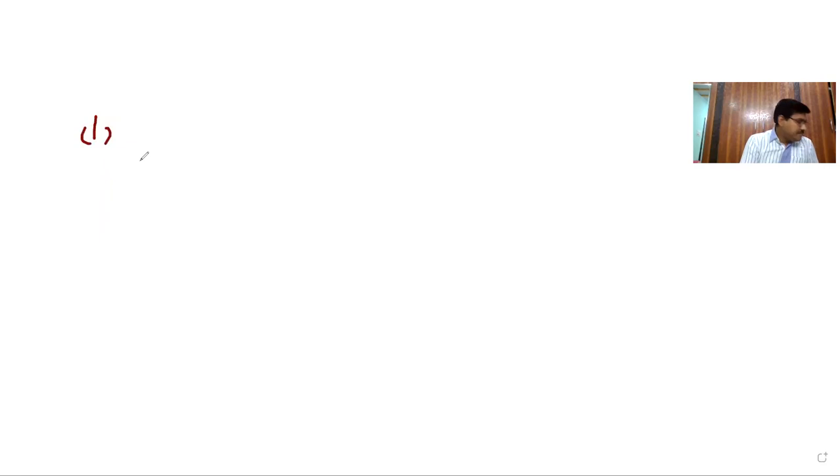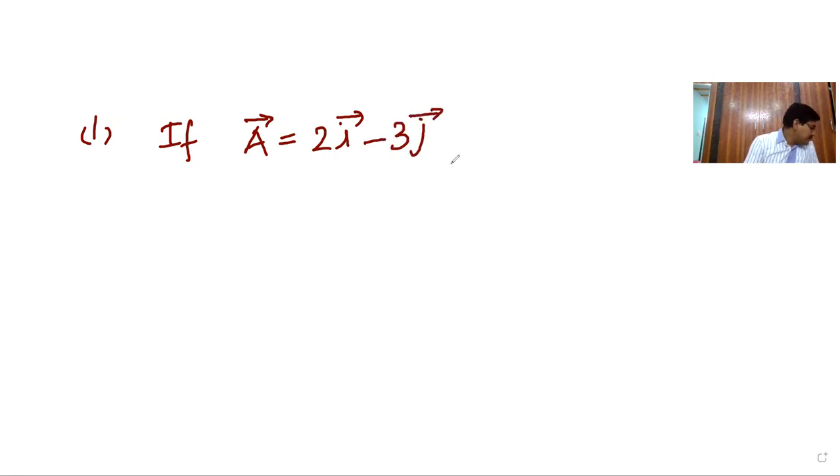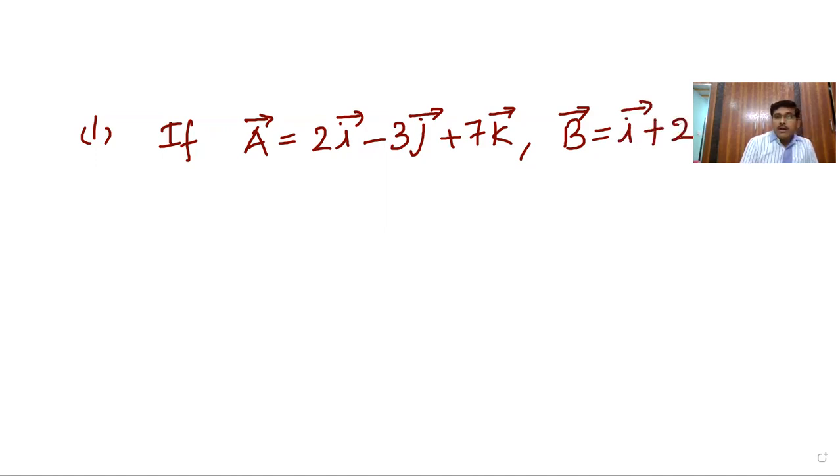First question here I take up. If a bar is the vector 2i bar minus 3j bar plus 7k bar, b bar is the vector i bar plus 2k bar.